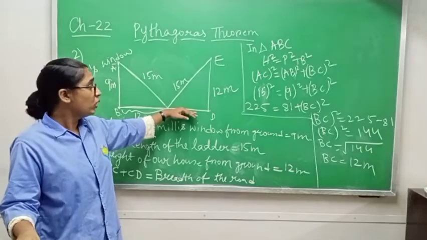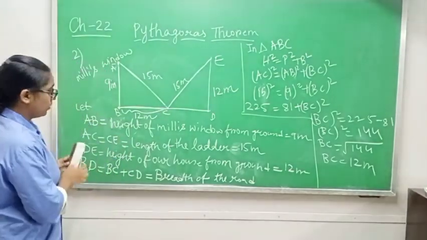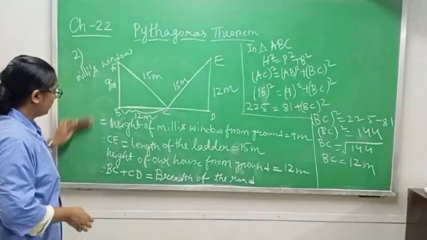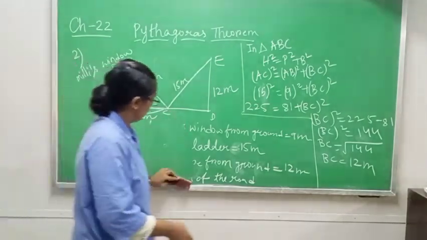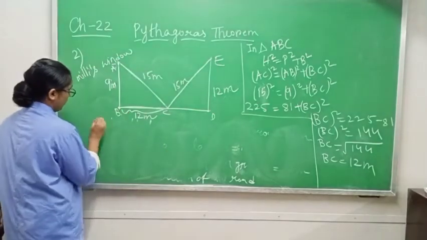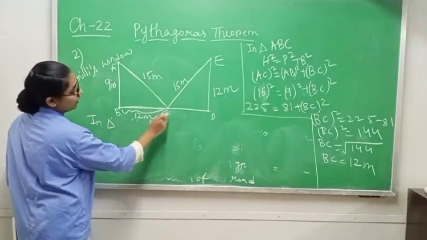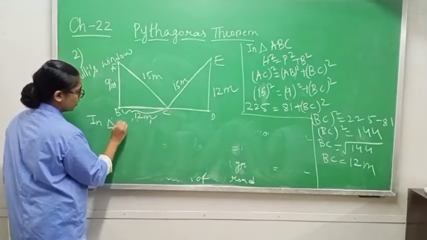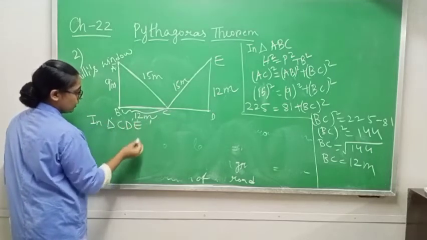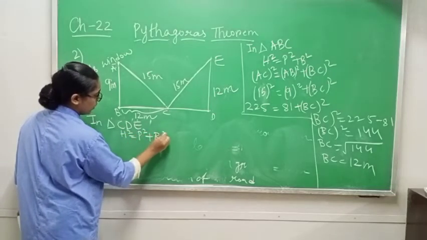Same thing you will do. Now I am rubbing this portion. I think you have read it already. In triangle CDE, or EDC, whatever you can write, CDE. Again, H square equals P square plus B square.